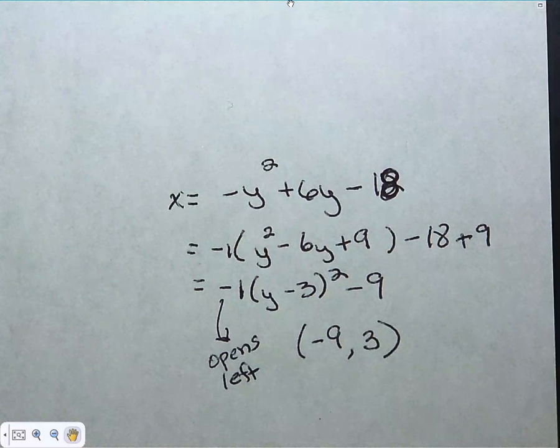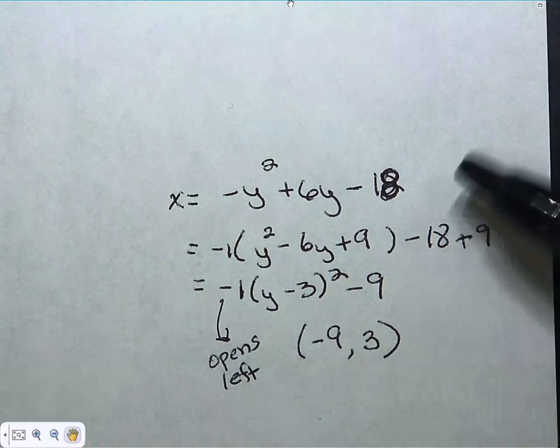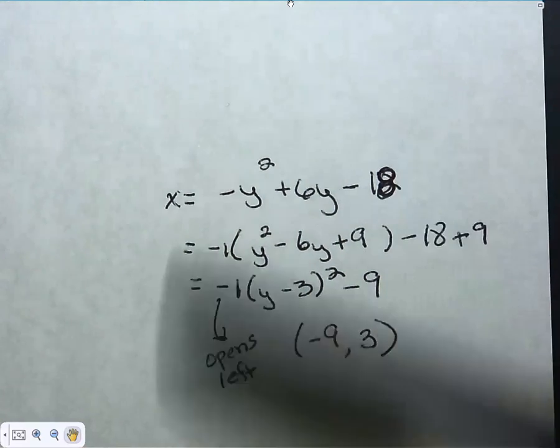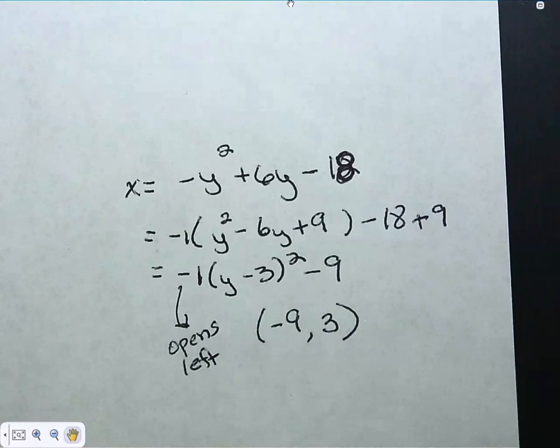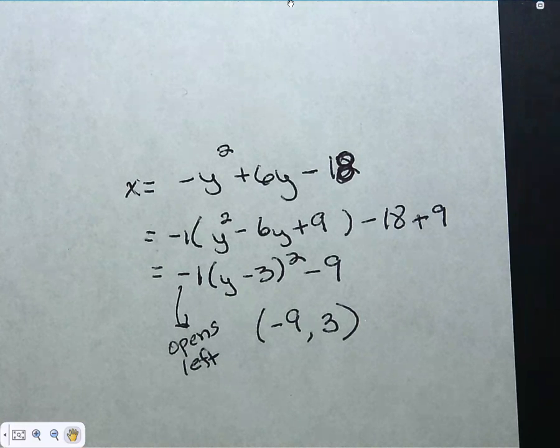So when I was looking at problems yesterday, Chase, I was concerned about y'all being totally okay with that. But now that I've reviewed it, make sure you can find the vertex of a sideways parabola. And that's the only time I could think of you'd need to complete the square. So it's the opposite of what's inside parentheses and then whatever's on the outside.